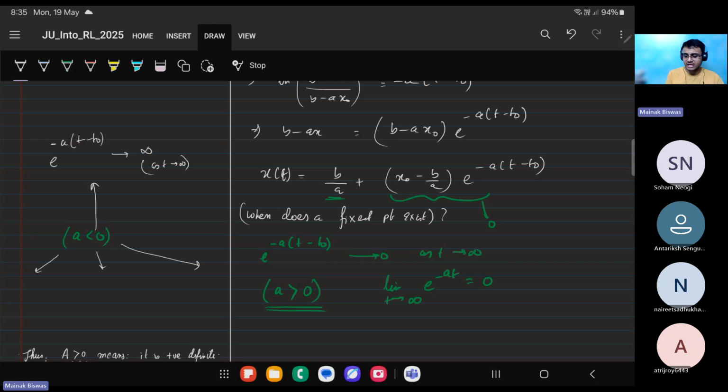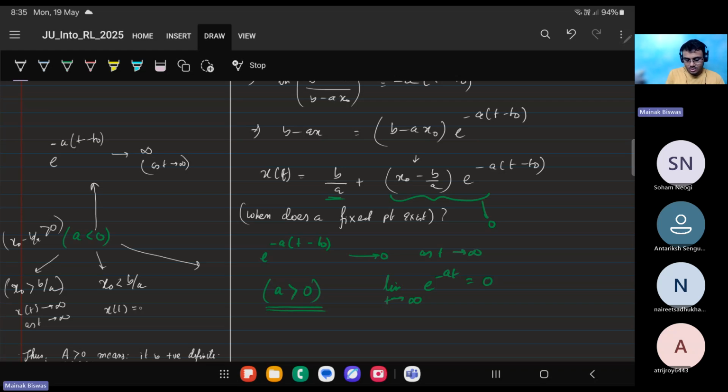But now everything depends on x naught. If x naught is greater than B by A, x_t will go to infinity as t tends to infinity. Do you agree? Because x naught minus B by A is greater than zero, the positive term. Correct? Now you tell me, if x naught is less than B by A, what will happen?